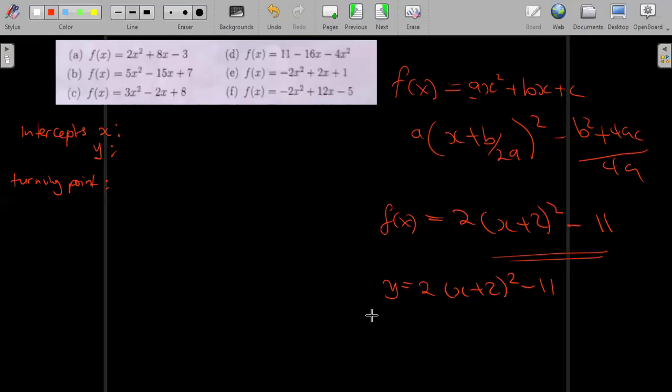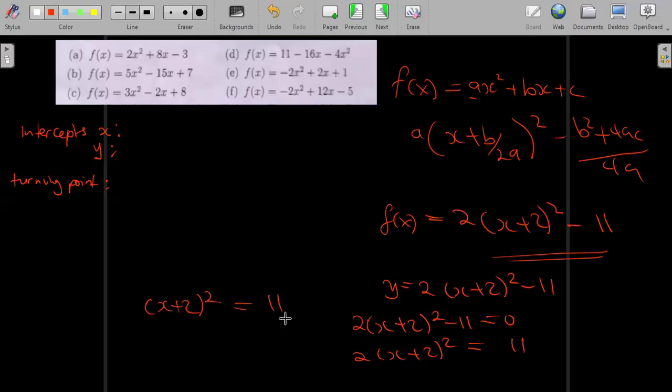So I'll equate this to 0. I'll have 2(x + 2) squared equal to 11. Then I can divide by 2, so I remain with (x + 2) squared equal to 11 over 2.